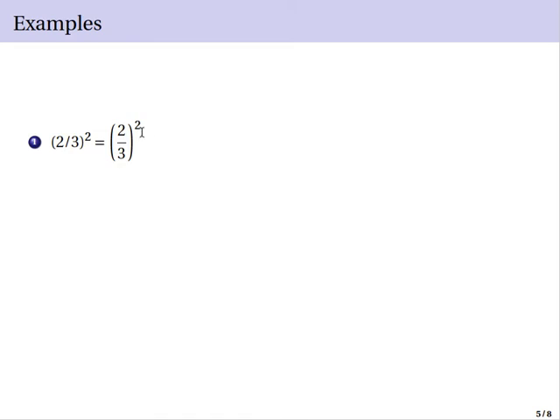Remember, we can just distribute the exponent to each of the numerator and denominator. So this becomes 2 to the power 2 divided by 3 to the power 2. We just distributed that exponent to each of the numerator and denominator. If we simplify this, we have 4 over 9.